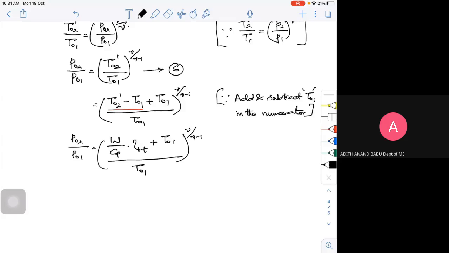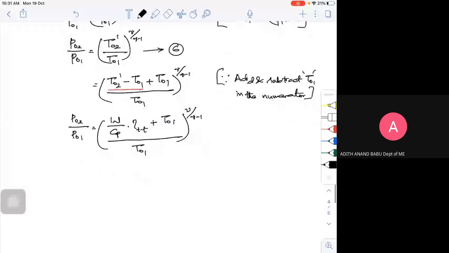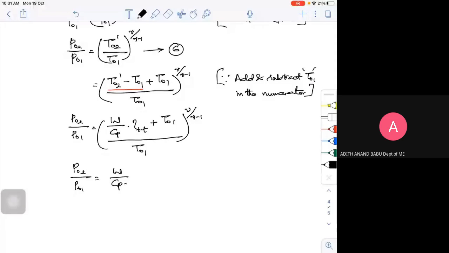Further I can simplify this. P naught 2 by P naught 1 is equal to W by Cp into total to total efficiency divided by T naught 1, plus T naught 1 by T naught 1, which becomes 1, all to the power of gamma by gamma minus 1.